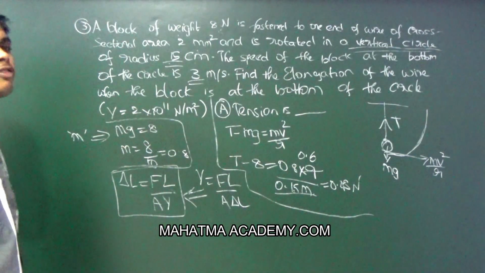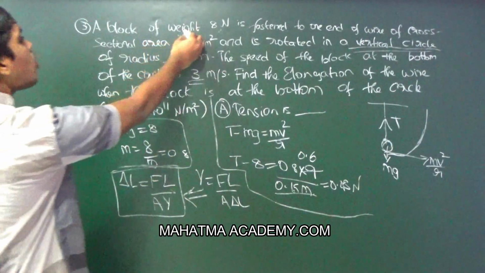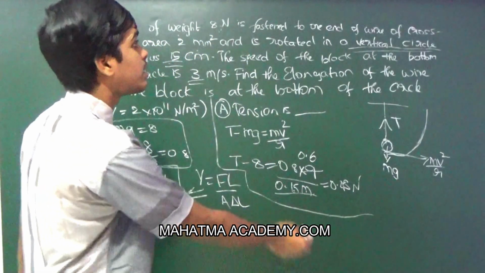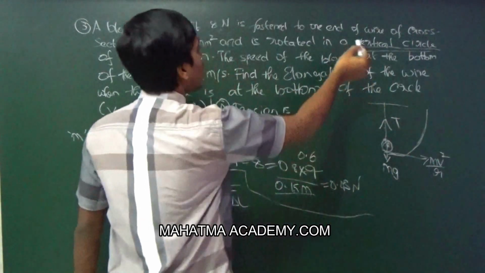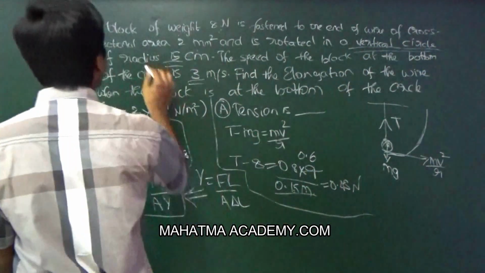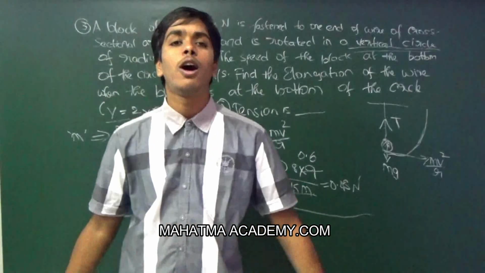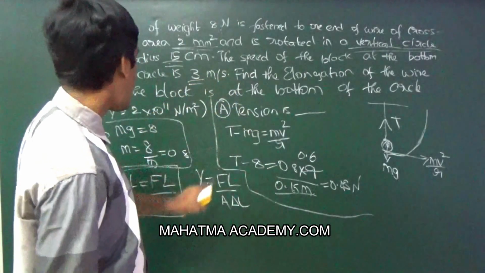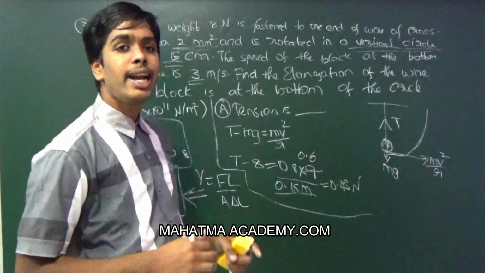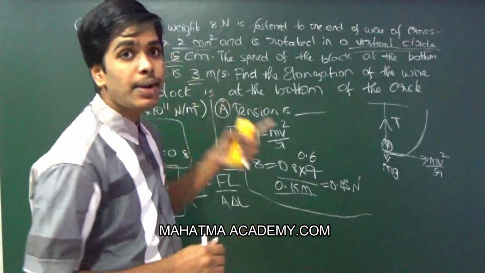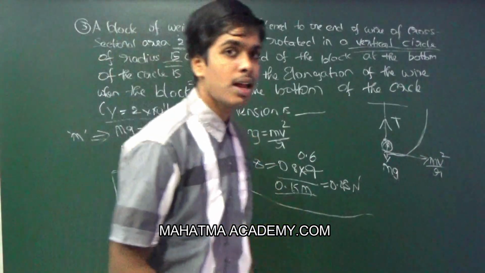Before proceeding, first I will explain the question and answer. There is a block of weight 8 newtons, connected to one end of a wire of cross-sectional area 2 millimeter square. In the question they have provided everything except the tension, so we want to deduce it from the information given. Okay, copy this. We will see the next question.